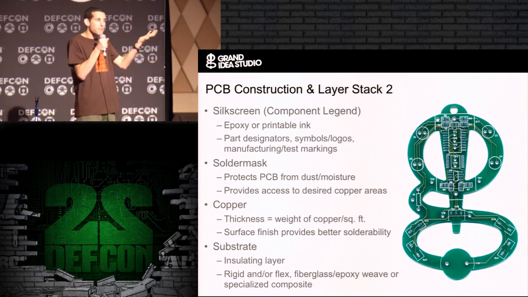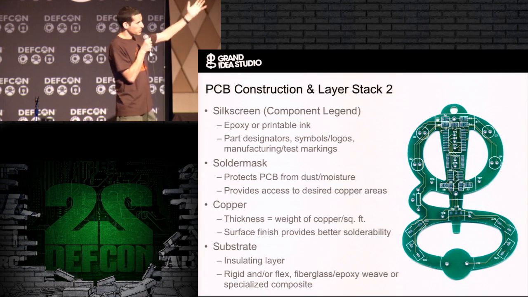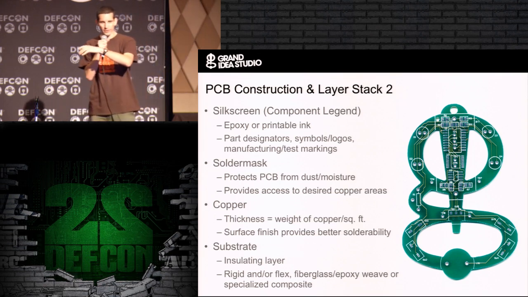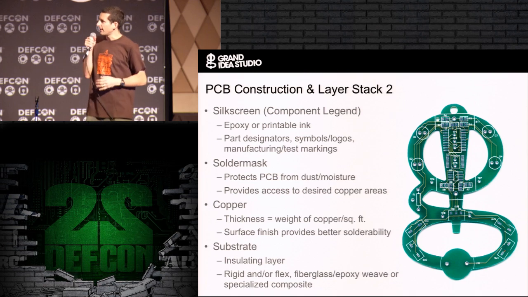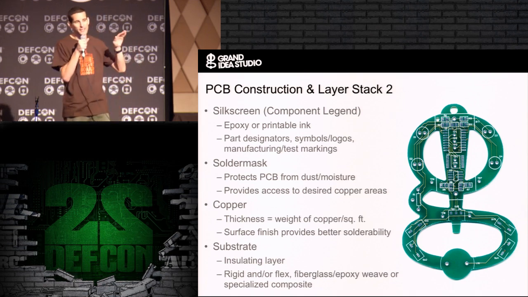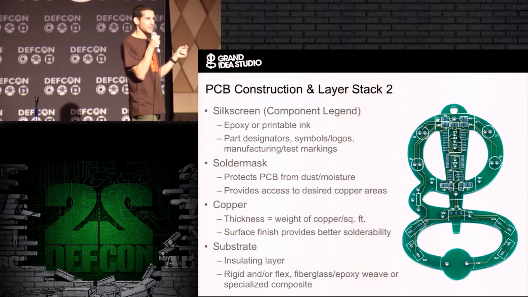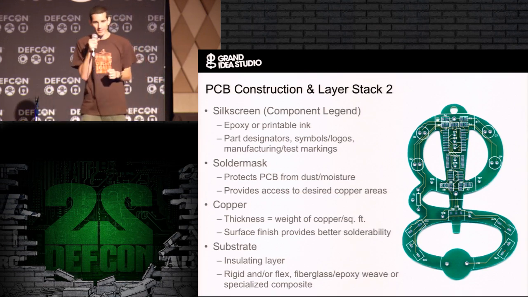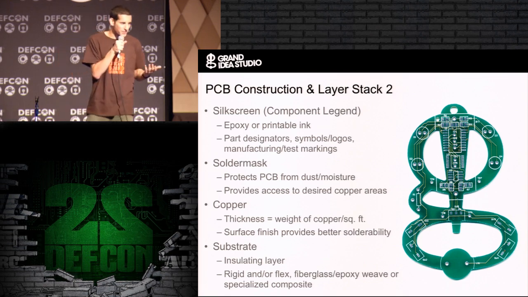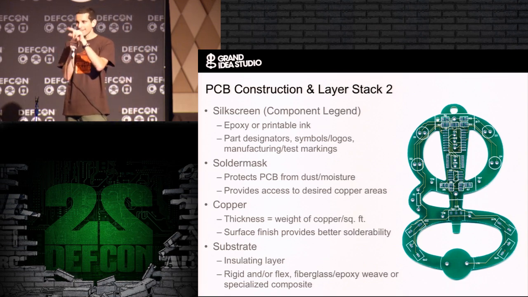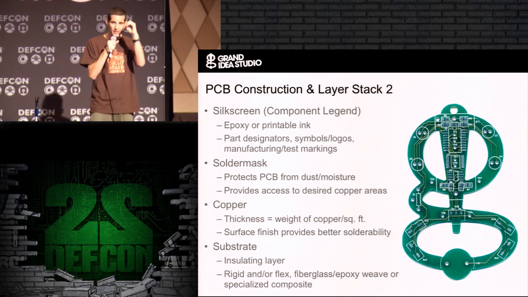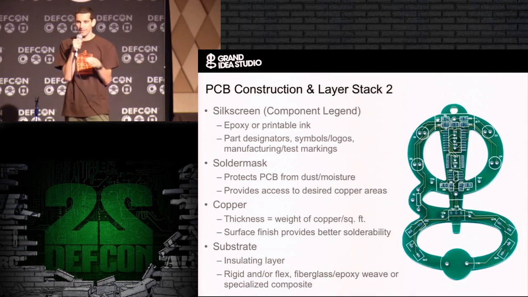The next layer down is the solder mask, the coating that makes the boards green or white or blue. It's a protective layer for any area of the copper that is not intended to be exposed. If you look at your DEF CON badges, all those copper pads and circles are intentionally exposed, so you can solder to them and tap onto them.